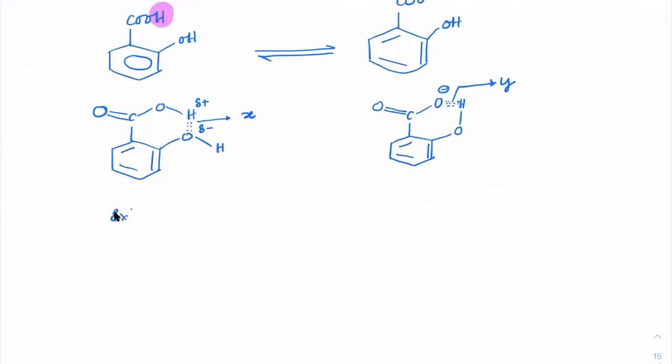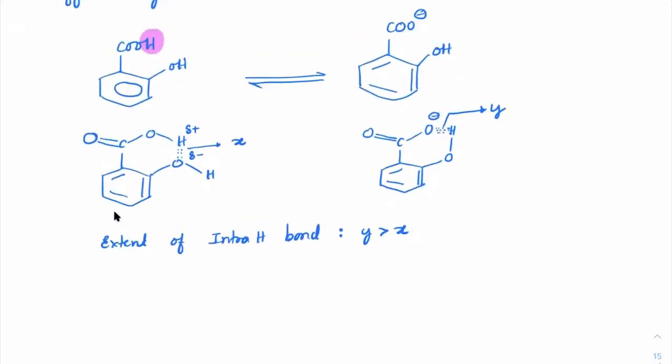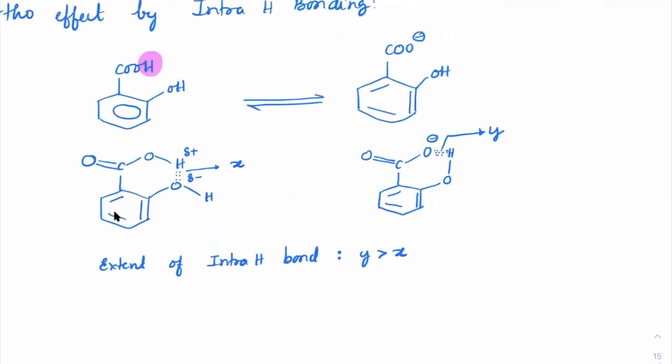Remember that. So the extent of intra-H bond, if you observe, Y would be more than X. Since Y is more than X, after removal of H plus it is actually becoming more stable. Instead of before removal of H plus, after removal of H plus the group is becoming much more stable.